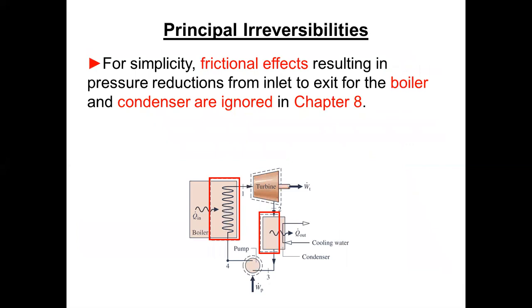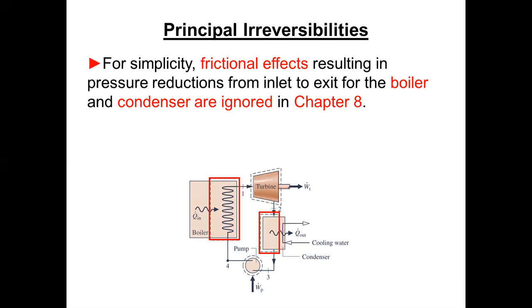For simplicity, frictional effects resulting in pressure reductions from inlet to exit of the boiler and condenser are ignored in Chapter 8, which is what you did in thermo. So we may have some problems where, as far as the problems are concerned, we just have to tell you what the pressure drop is, or what the pressure coming in and going out of any particular component is.